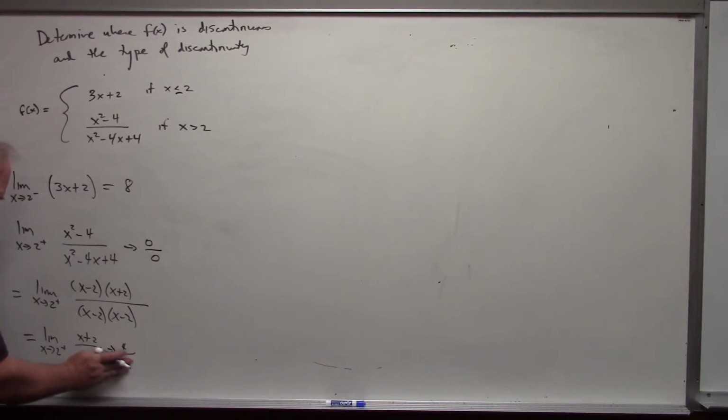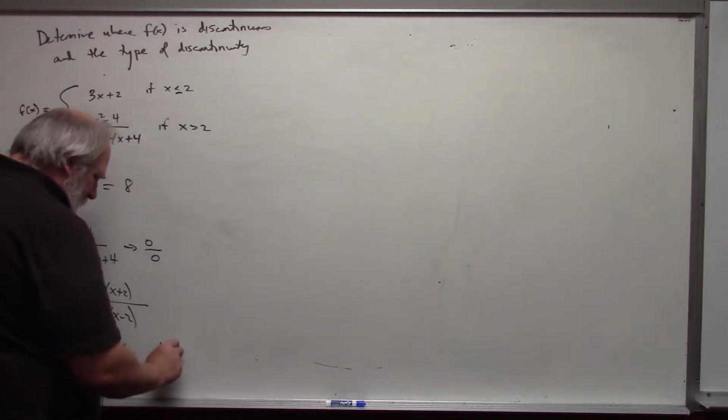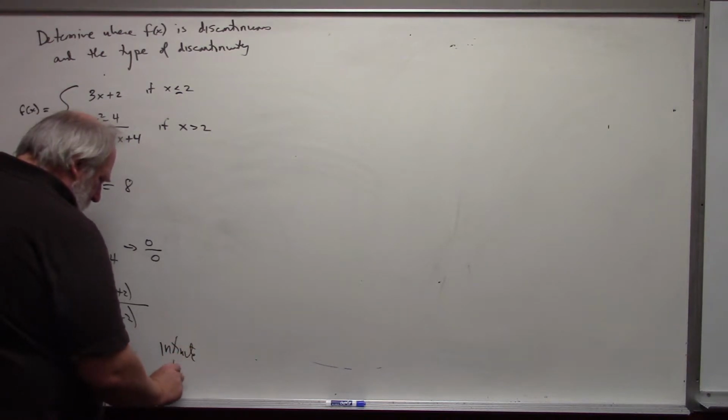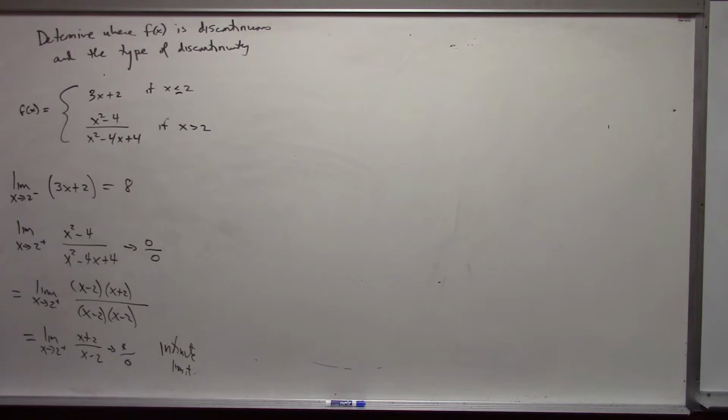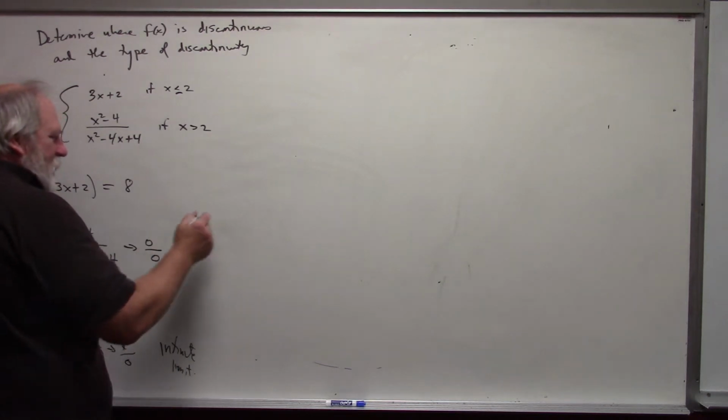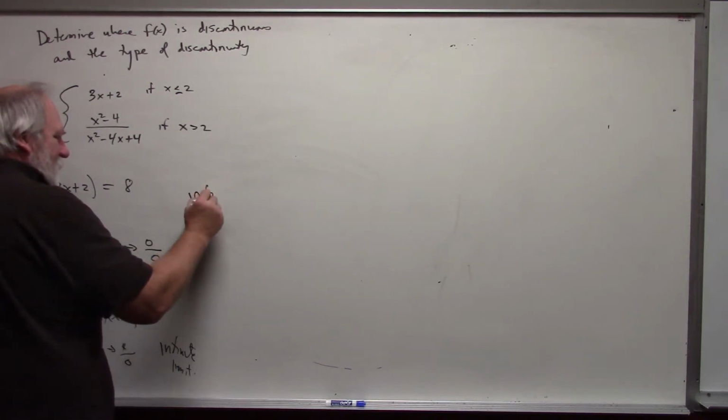My numerator is approaching 4, my denominator is approaching 0, which means we get an infinite limit. And since my limit from the right is infinite, in this case, we have an infinite discontinuity.